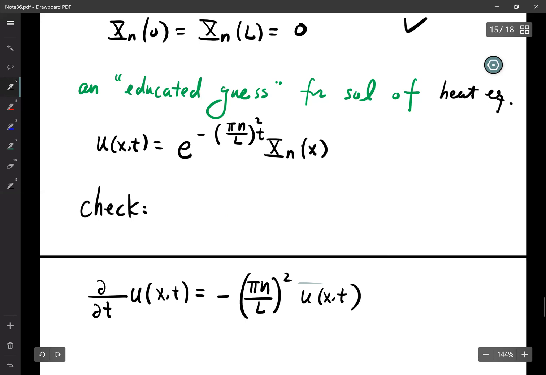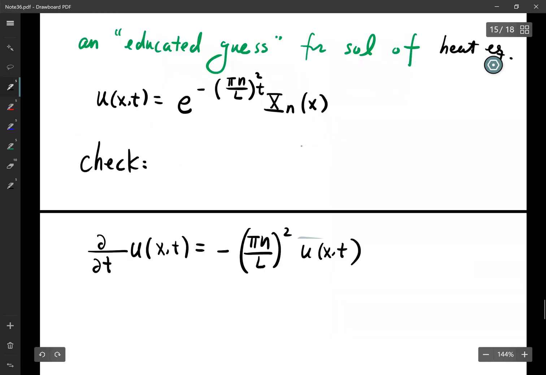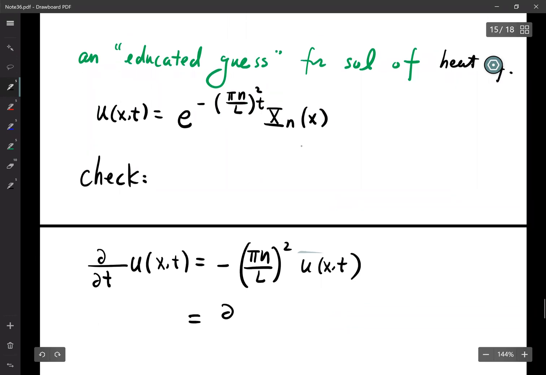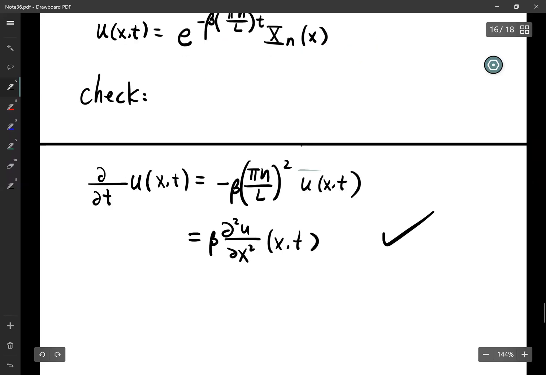And the right-hand side is the double derivative with respect to x. We have just done that here. This is indeed beta squared u(x,t). So we're done. Any question?